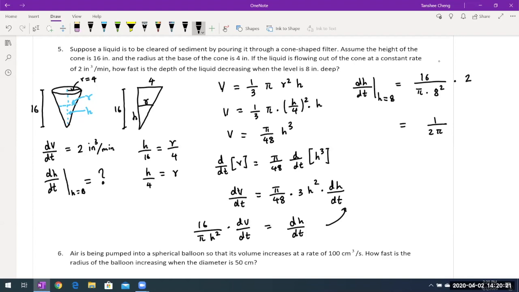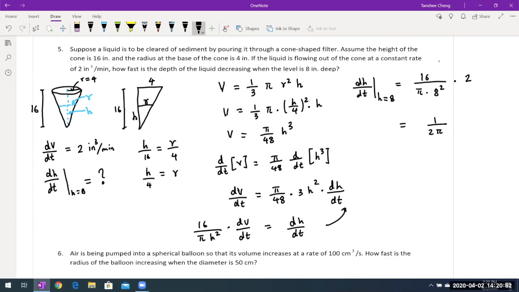If you are not paying attention, you might think this is the increase in the depth of the water level. So you really have to be careful on that part. If you don't put proper signs in the given information, then you really need to know how to interpret it correctly and explain it back to whoever is looking at your work. So that's why you have to be careful with this.